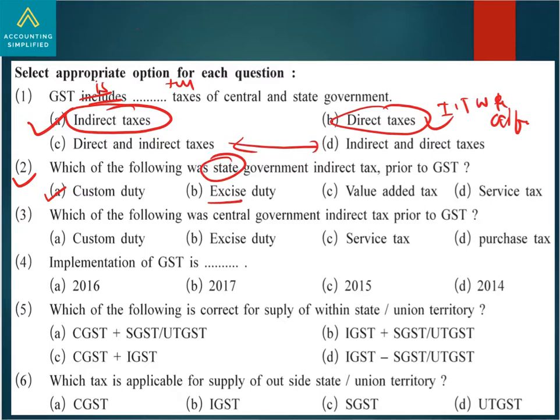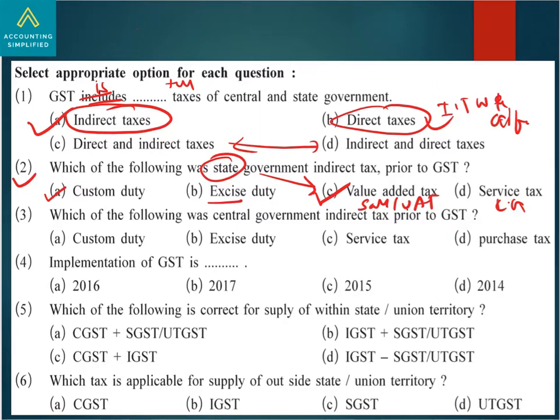Excise duty is by the central government. Value added tax was levied by the state, sales tax or value added tax, if you can remember. Service tax is also levied by the central government. So only state governments used to get value added tax. So answer C is correct.